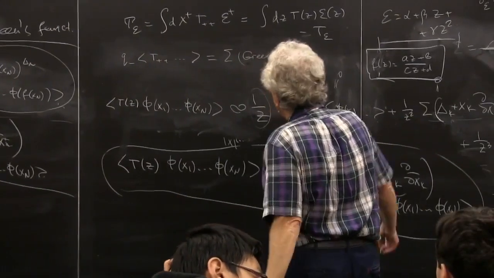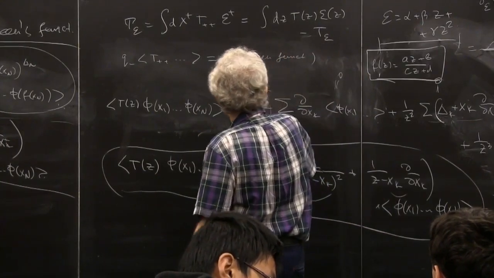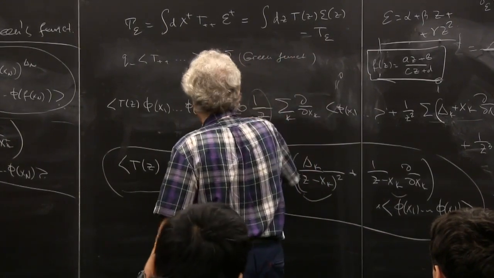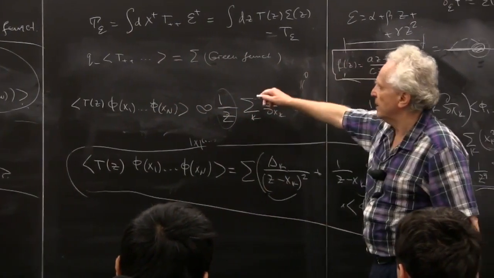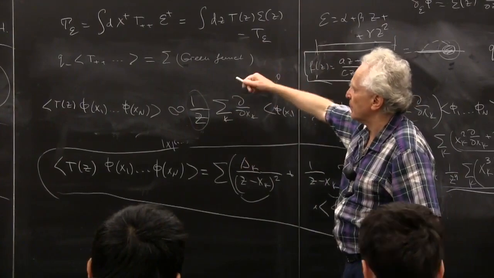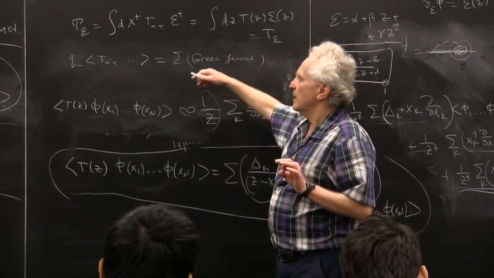For example, if we have the term 1 over z plus, what would it be? Let me formulate it better.